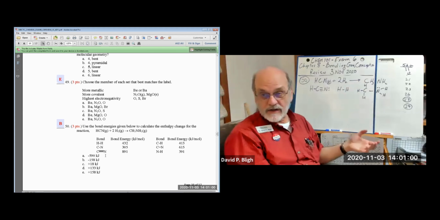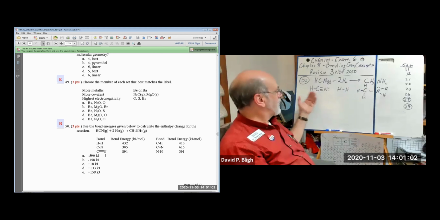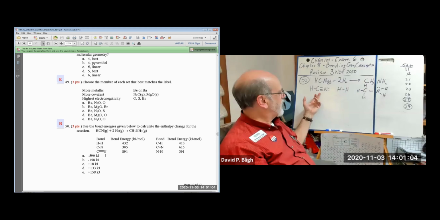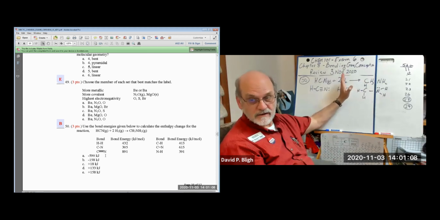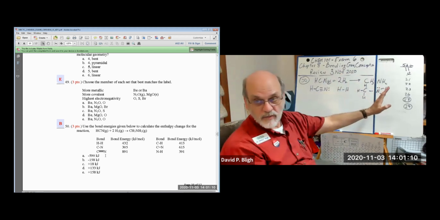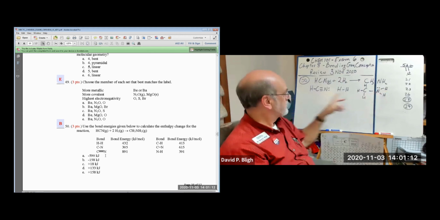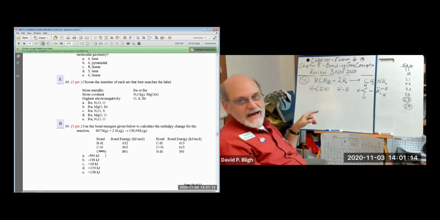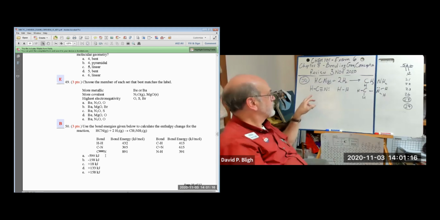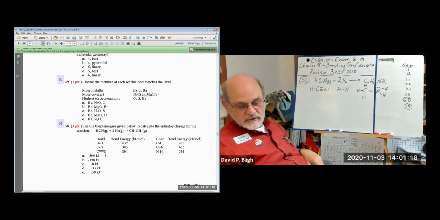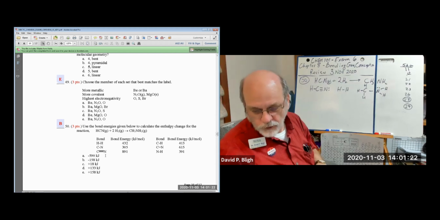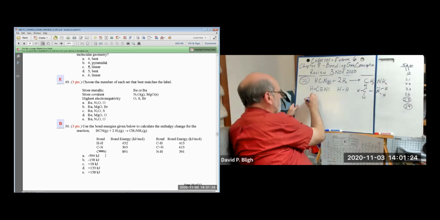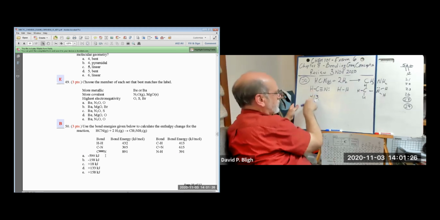Now, how do we calculate? Well, we take the number of each of these bonds on the reactant side and subtract the number of bonds on the product side, right? So you're going to have how many hydrogen carbon bonds? One of those. So there's one hydrogen carbon bond, which is 413 for this one.